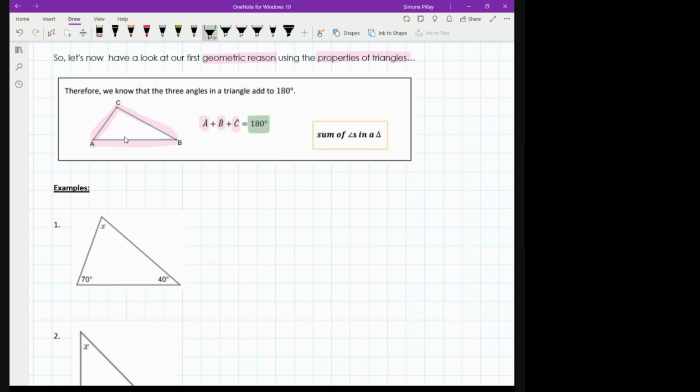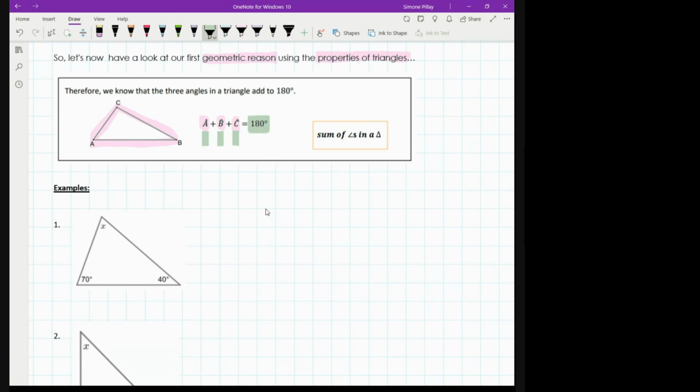So every time you see a triangle, this rule is going to apply, whether it's an isosceles triangle, a scalene triangle, or an equilateral triangle. Any triangle you see, when you add up all of the angles inside it, it is going to give you 180 degrees.